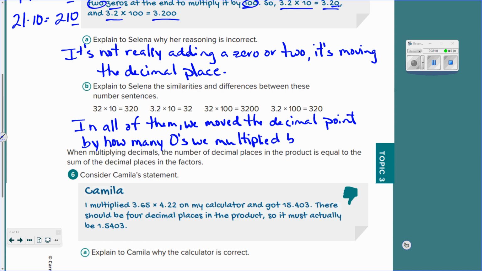In other words, when I multiply by 10, I move my decimal place once. When I multiply by 2 zeros, I move my decimal place twice. Make sense?